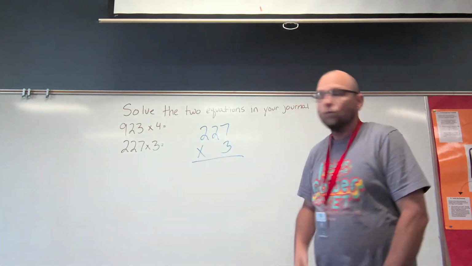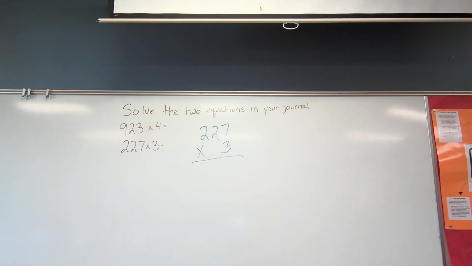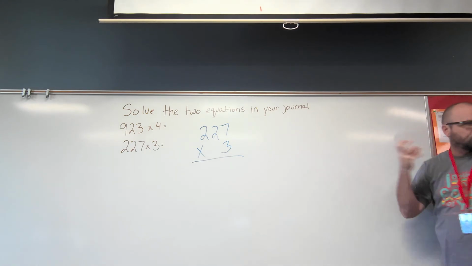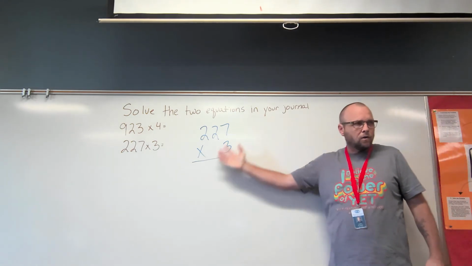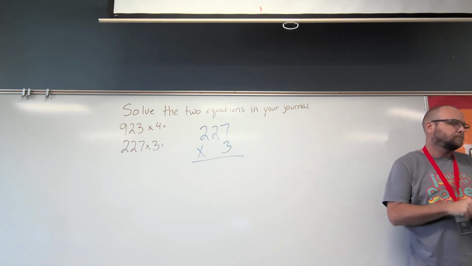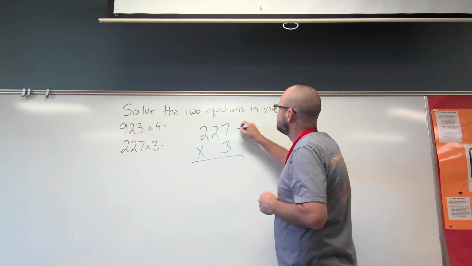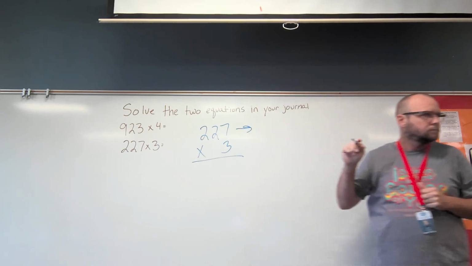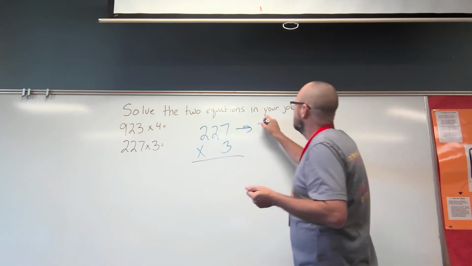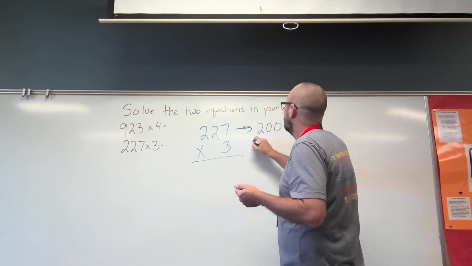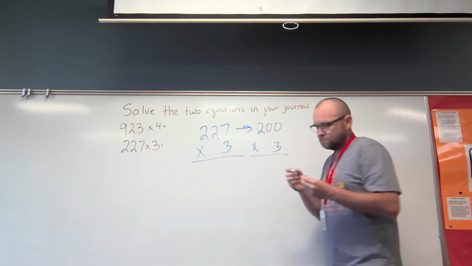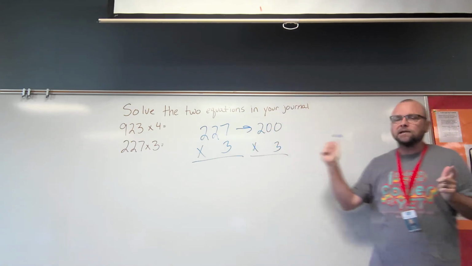Brianna, we're going to make an estimate first, just to get an idea of where our answer is going to be. So how do you want to do your estimate? Good. Change 227 to 200.